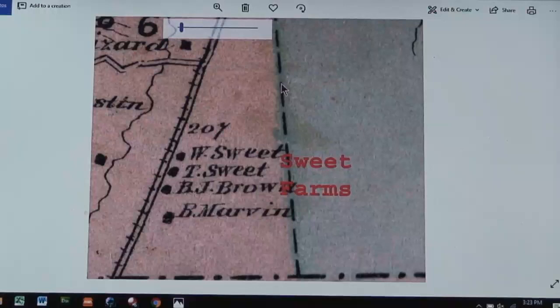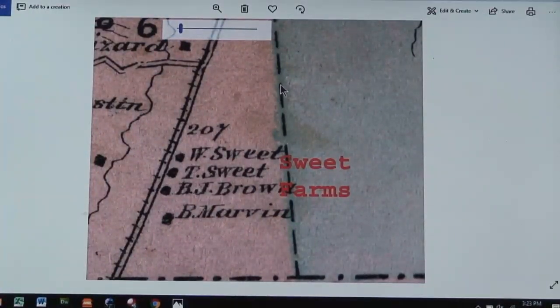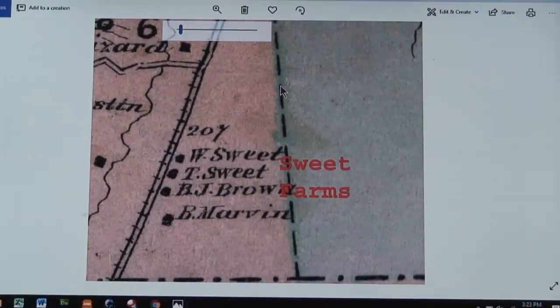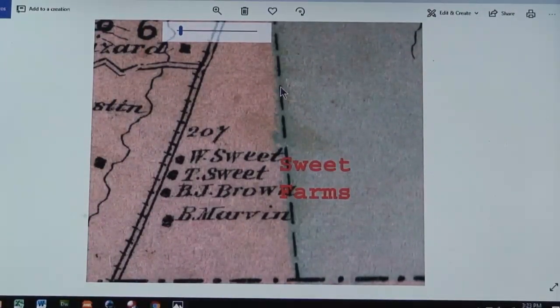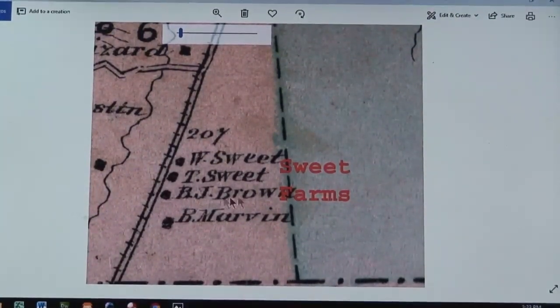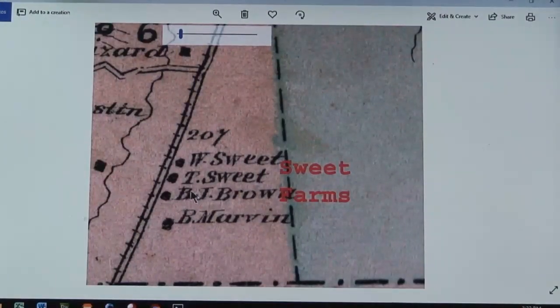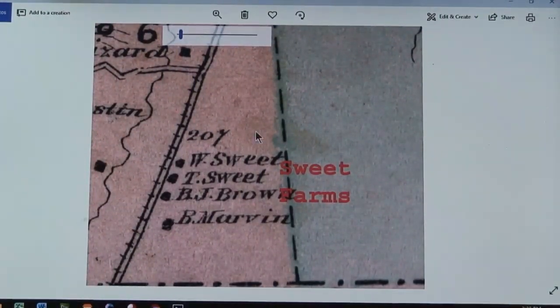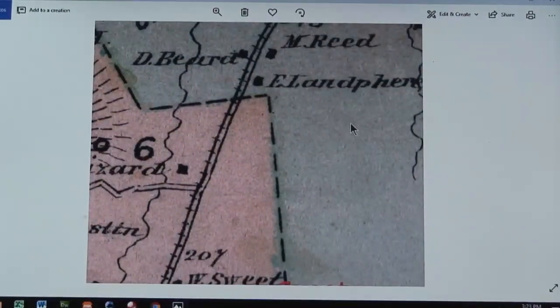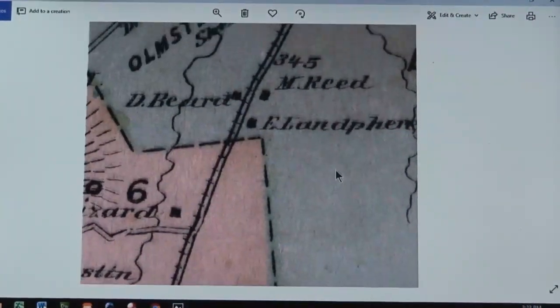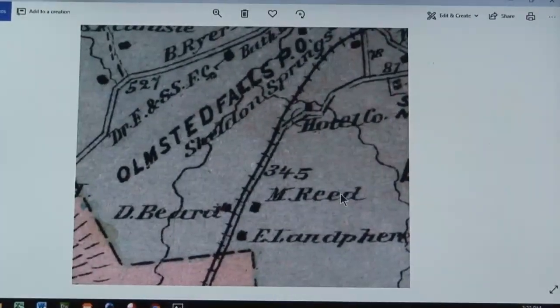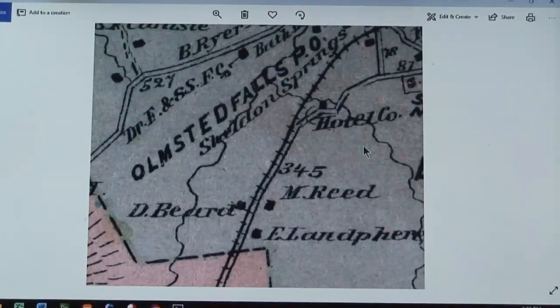This is a cut from 1871 Beers map showing the railroad as it's proceeding up through the area known as Sweet Hollow. Right here are 2 Sweet farms, being T Sweet and W Sweet. From the point we're picking it up here and taking it in an orderly direction, it's going from District 6 into the next district, which is known as Olmsted Falls, currently also known as Sheldon Springs.